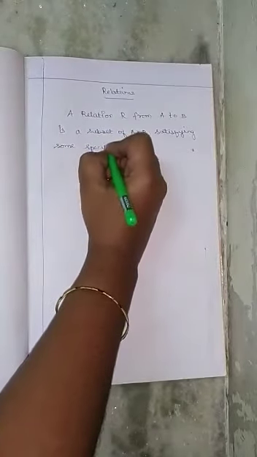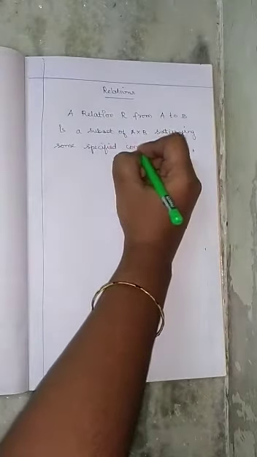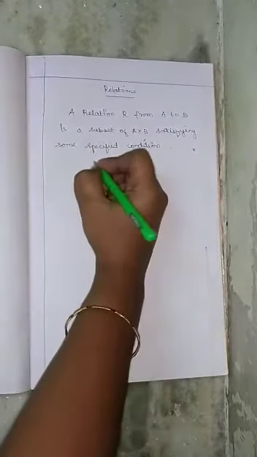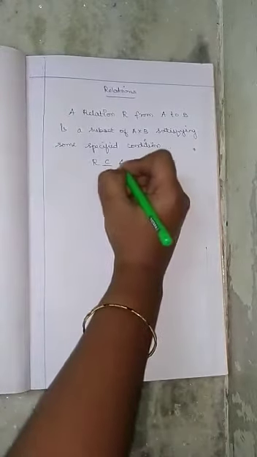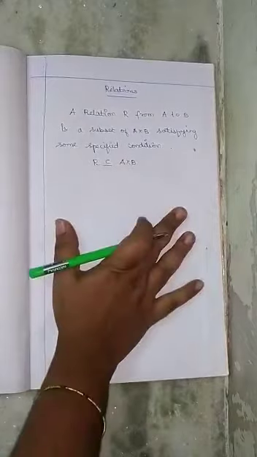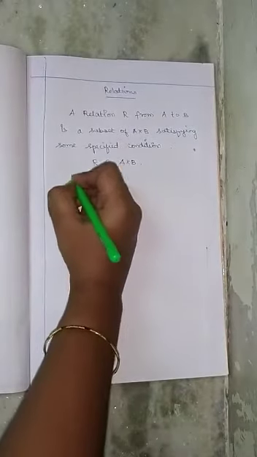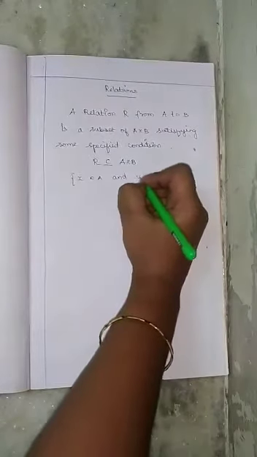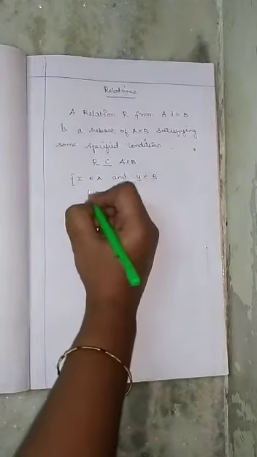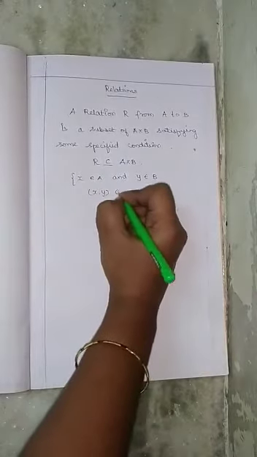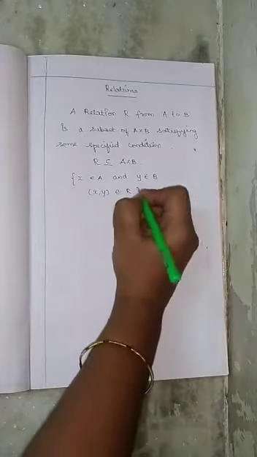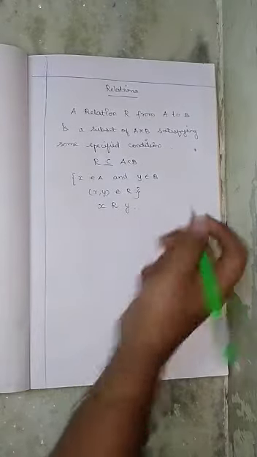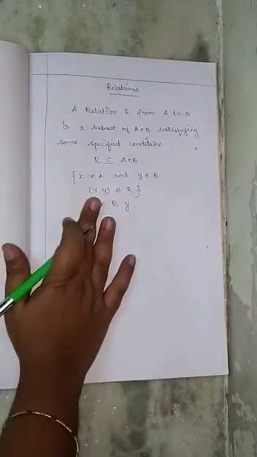So here, R is a subset of A cross B. X belongs to A and Y belongs to B, so (X, Y) belongs to R, and we can write it as X relation Y. So, this is the relation.